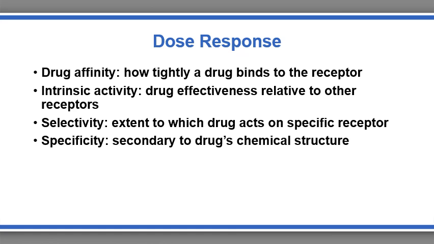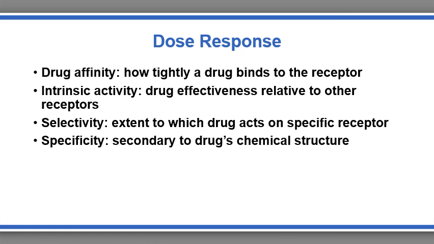Both affinity and activity are dictated by the chemical structure of the drug. The chemical structure is very important, because that dictates where the drug is going to act at those specific receptors.